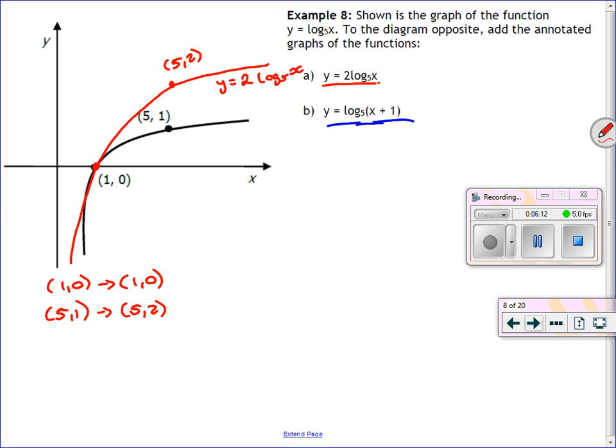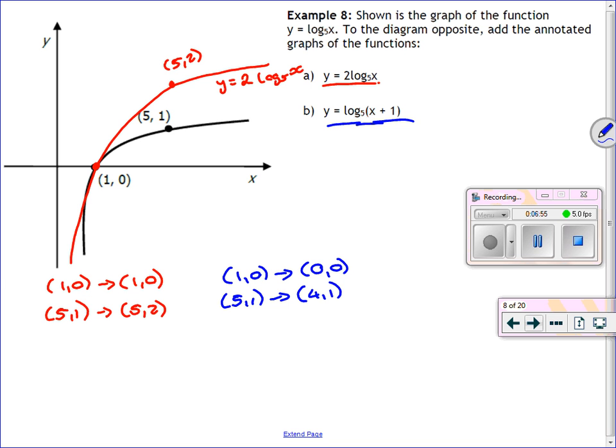The final transformation here is sketching the graph of log to the base 5 of x plus 1. So we have the points 1, 0 and 5, 1 from the original graph. If the original graph represented the graph of log to the base 5 of x, we now have in brackets this plus 1. So the number is inside the bracket, so we do the opposite to the x, keep y the same. The opposite of plus 1 is take away 1, so we take 1 away from the x values.